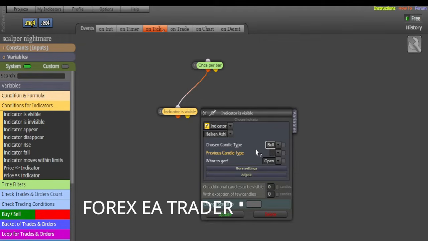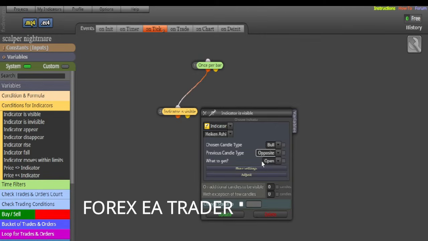If the trend is buying, it starts buying. If the trend is selling, it sells. So that's how it works. If you haven't seen the Heiken Ashi indicator, just Google it. So the previous candle will obviously be opposite. It's going to be a bearish candle.